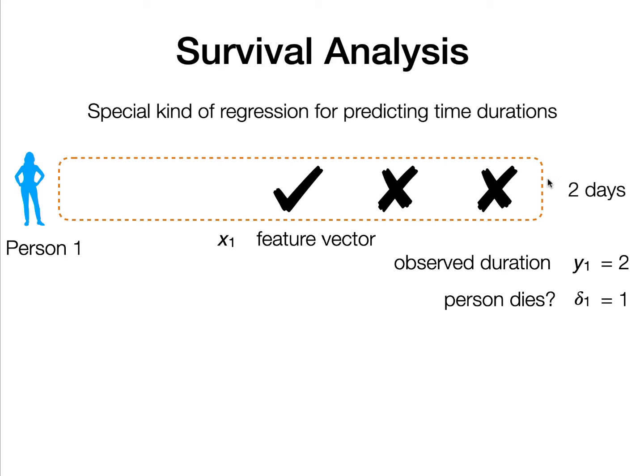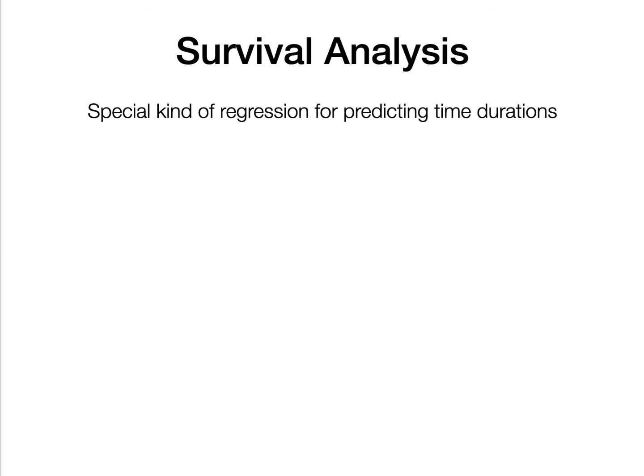Okay, we don't have the greater than or equal to sign. We actually do observe the time until death. So with that being said, we have our training data, which consists of the feature vectors, the xi's, the observed durations or observed times, the yi's, and the event indicators, the delta i's.